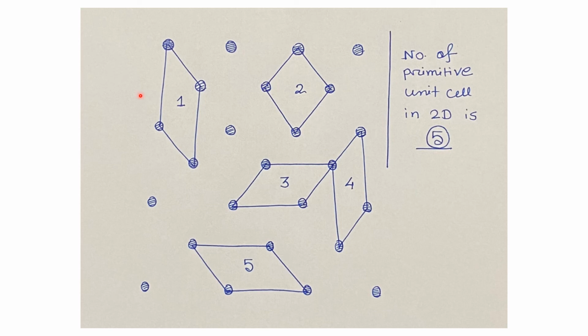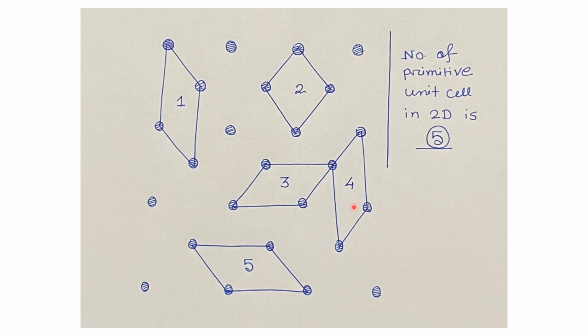Possibility 1 is by connecting these 4 points we can get a primitive unit cell for this two-dimensional lattice structure. So this is number 1 possibility. Number 2 possibility is this. Connecting these 4 points we can get another primitive unit cell. Third possibility is this. Connecting these 4 points we will get the third possible primitive unit cell.